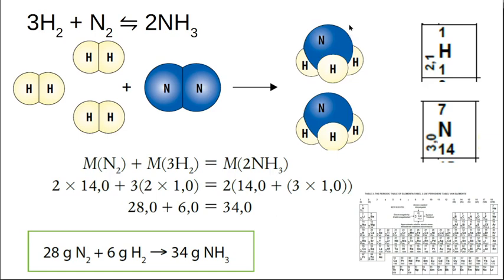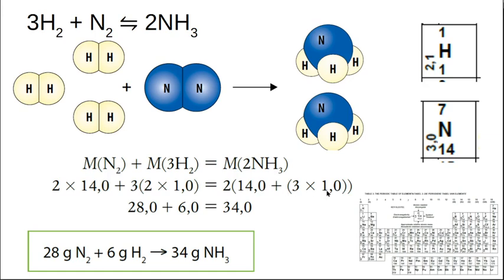Now let's look on the right in the products. We have nitrogen, hydrogen, hydrogen. So there are, from the balanced equation, 2 of these. So what is the mass of 2 ammonias? It's 2, and then the nitrogen here is 14 plus 1, 2, 3 hydrogens.